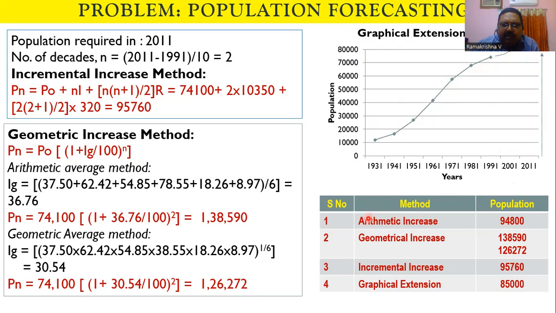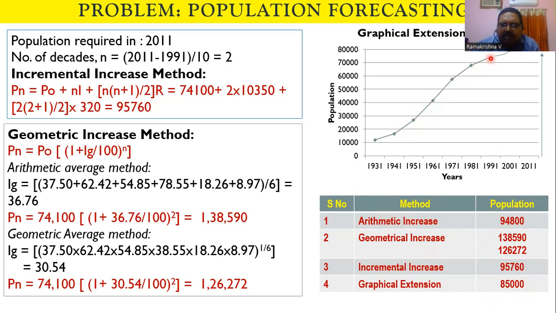So now we'll make a comparison of the population given by all these four methods: arithmetic increase, geometric increase, incremental increase, graphical extension. What you see here is that graphical extension is giving a relatively smaller value. It seems that the graphical extension is only a simple extension of the current trend.